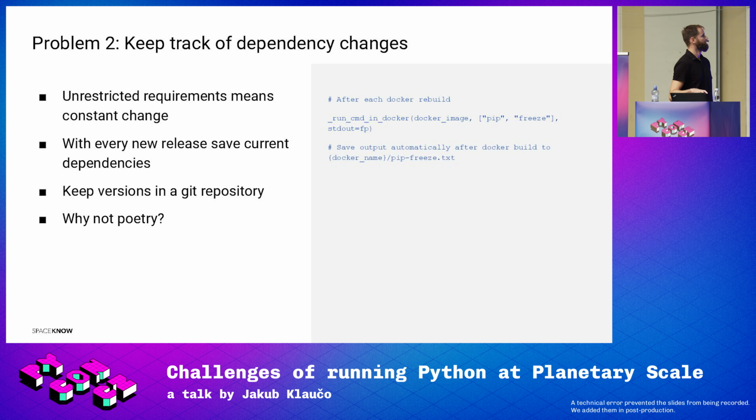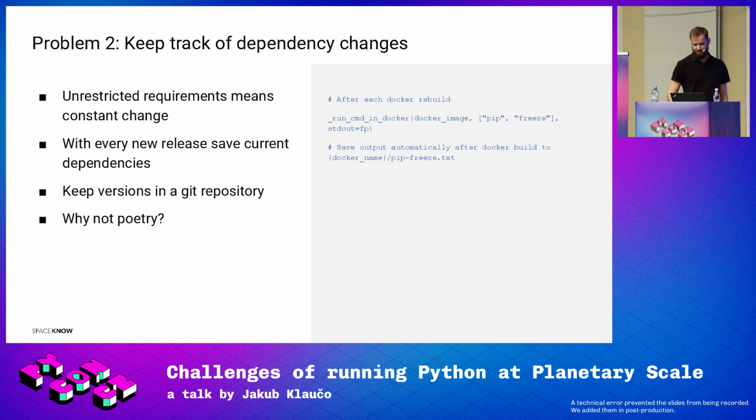So now you have your requirements file, and your requirements file stays the same, but after an update, something breaks. So what happened? Well, probably some of the unrestricted packages changed and broke something.